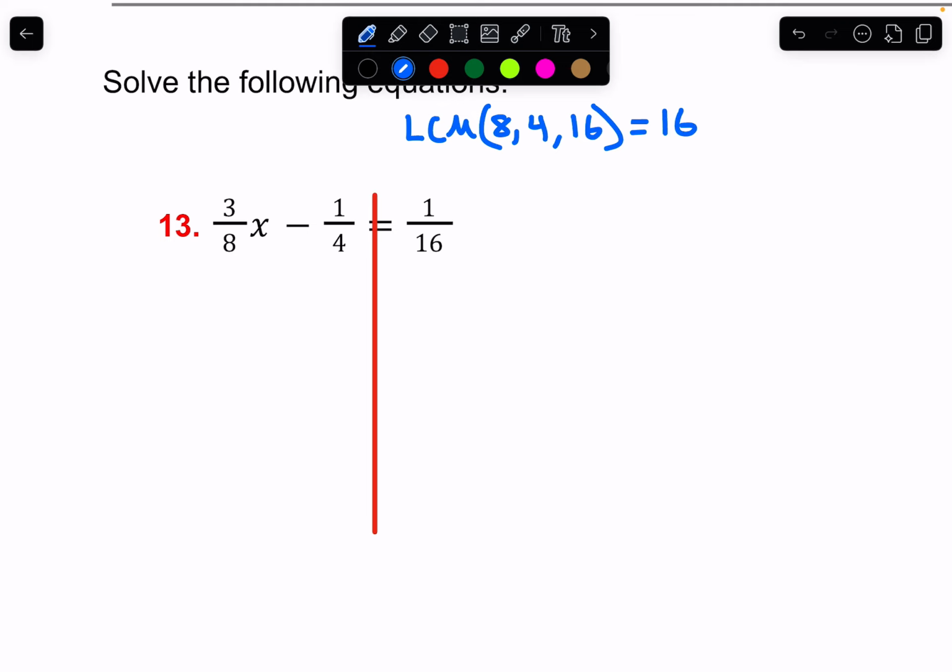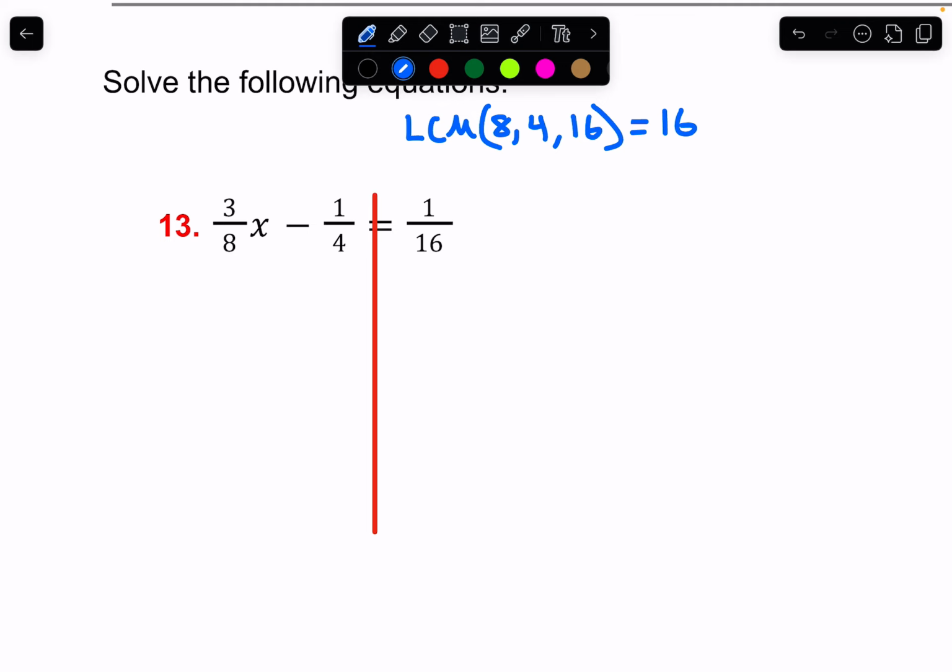If you are ever unsure of what the least common multiple is, I encourage you to just multiply by one of the denominators, whatever the smallest one is, okay? Or, well, really, any of them. Choose any of the denominators and just multiply the whole equation by that. And then some stuff will cancel and the problem will become easier in the next step, okay?